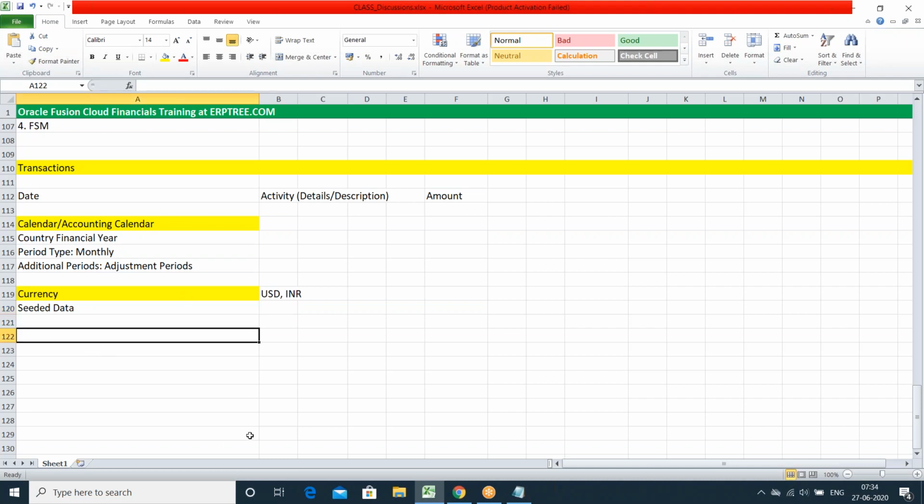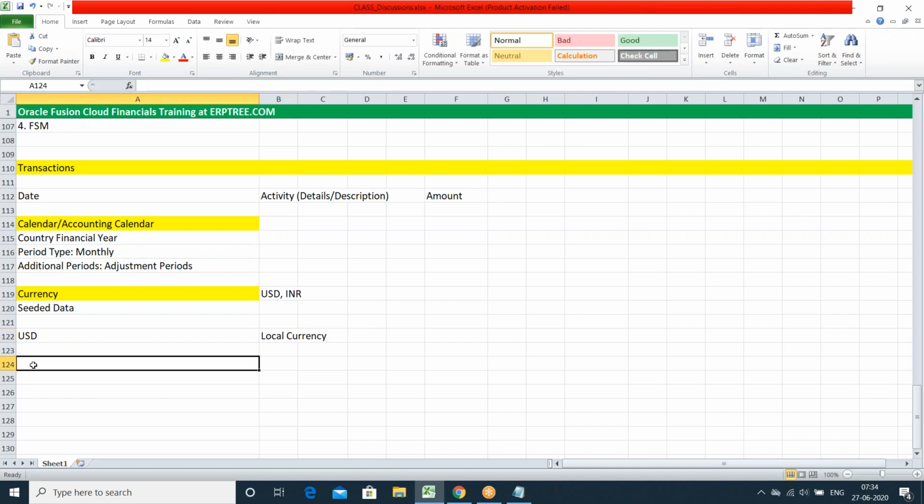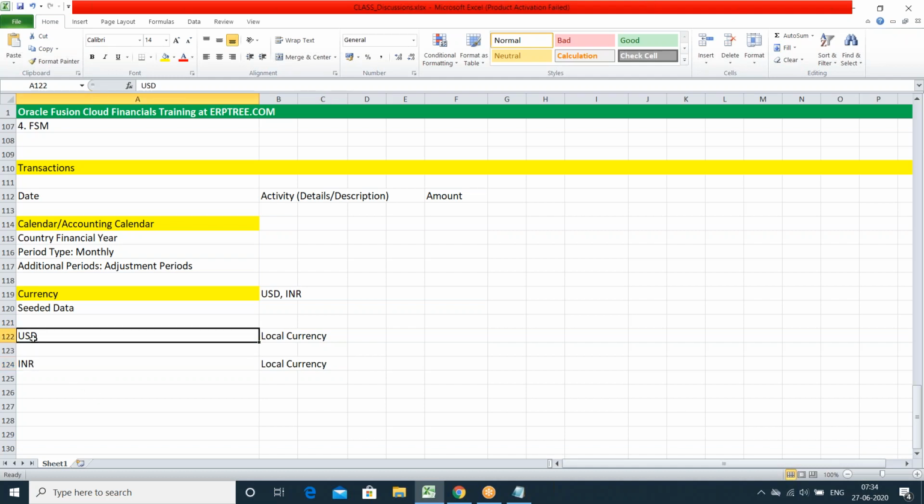Say we are now implementing for a US client. What currency is used in the US? USD. So if you are doing the implementation for a US client, USD is the local currency. If you are implementing for an India client, INR is the local currency.